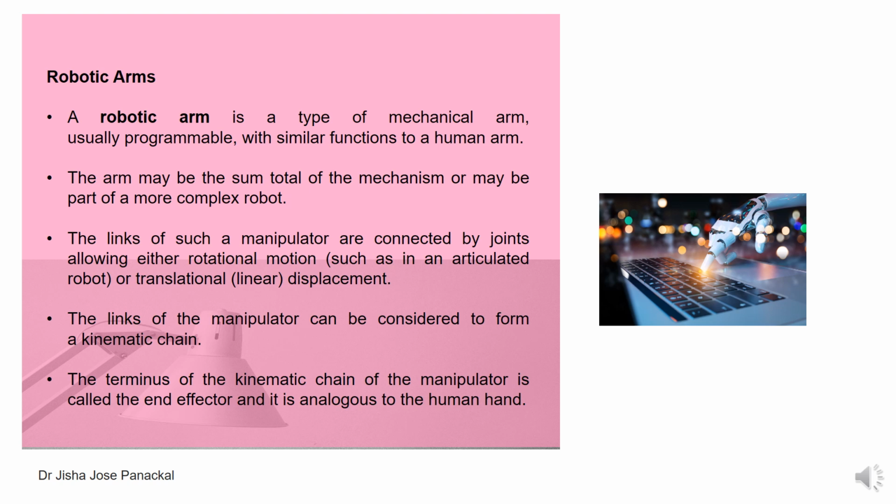Both are possible. The links of the manipulator can be considered to form a kinematic chain. The terminus of the kinematic chain of the manipulator is called the end effector and it is analogous to a human hand. So this is the mechanism behind a robotic arm and it acts as a human arm.